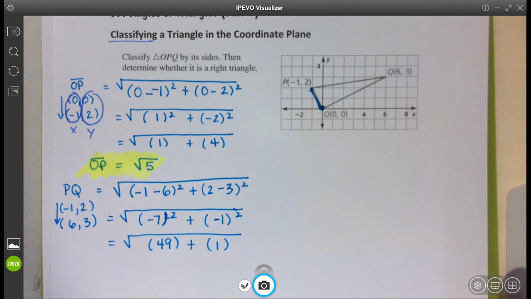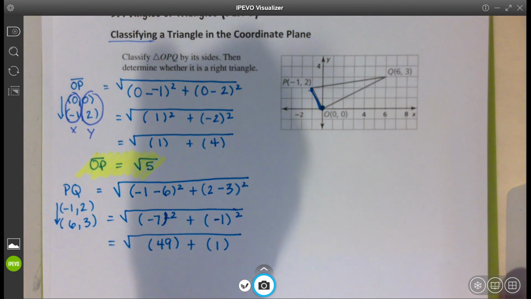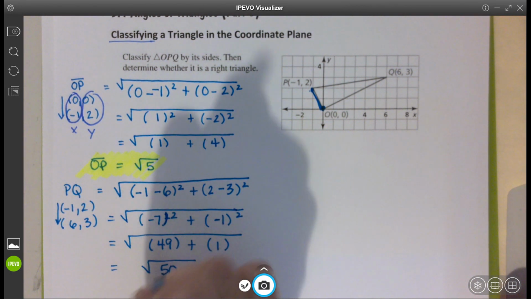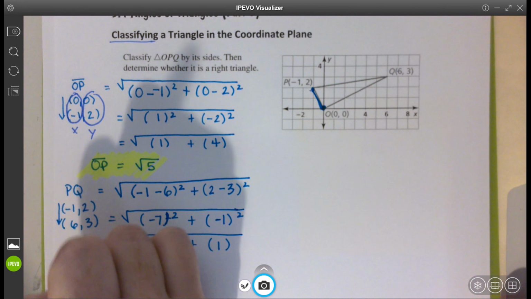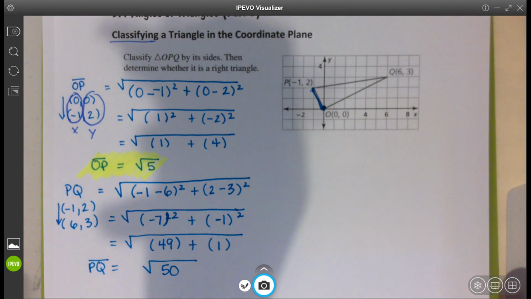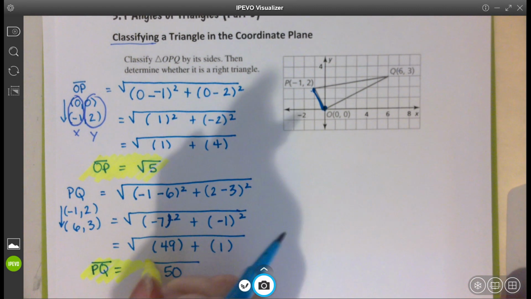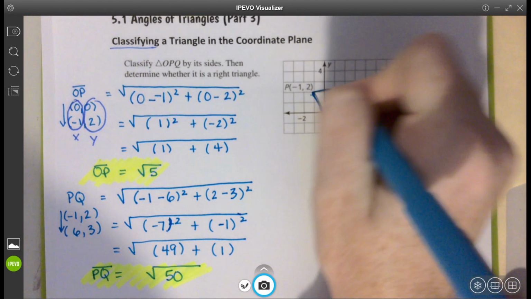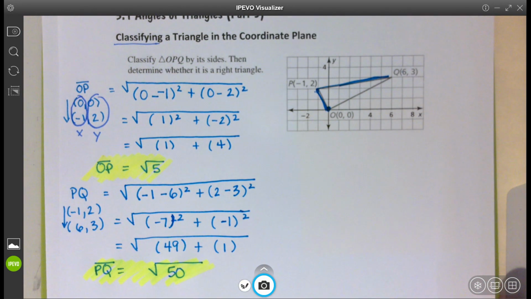Remember, when we square a negative, the answer is going to be a positive. And combine like terms, here we have square root of 50. So PQ is the square root of 50. So we completed this side. Now I'm going to do that one more time.